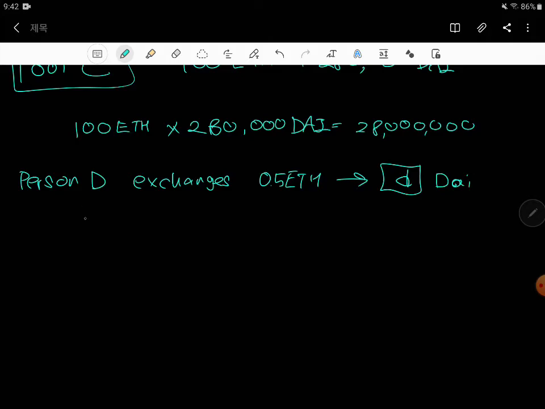Okay. So he puts to the pool 0.5 ether times (280,000 minus D) equals 28 million.